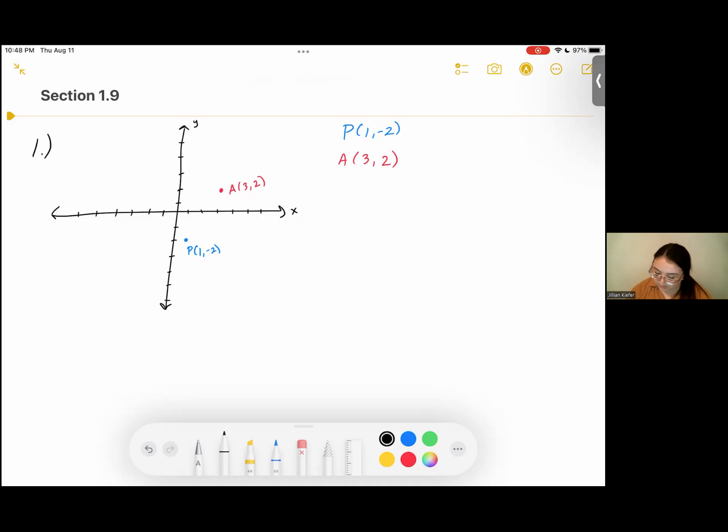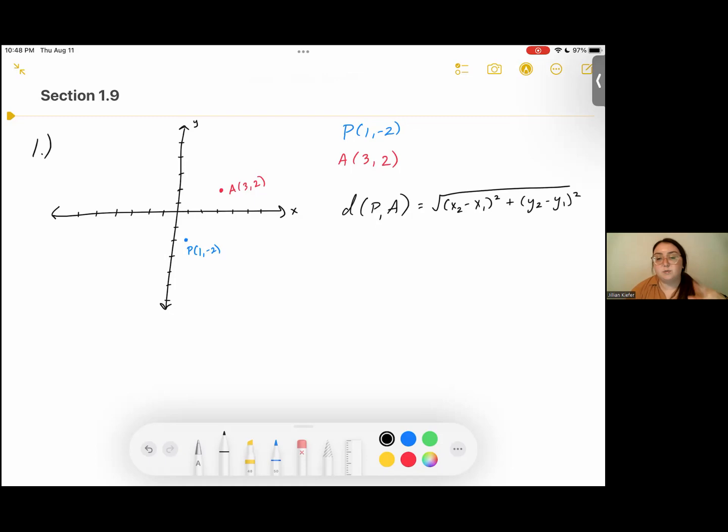So starting off with the distance, we said that the distance between 2 points, in our case, we're just going to go ahead and do A and P or P A, whichever one you prefer. The distance is going to be the square root of x sub 2 minus x sub 1 squared plus y sub 2 minus y sub 1 squared.